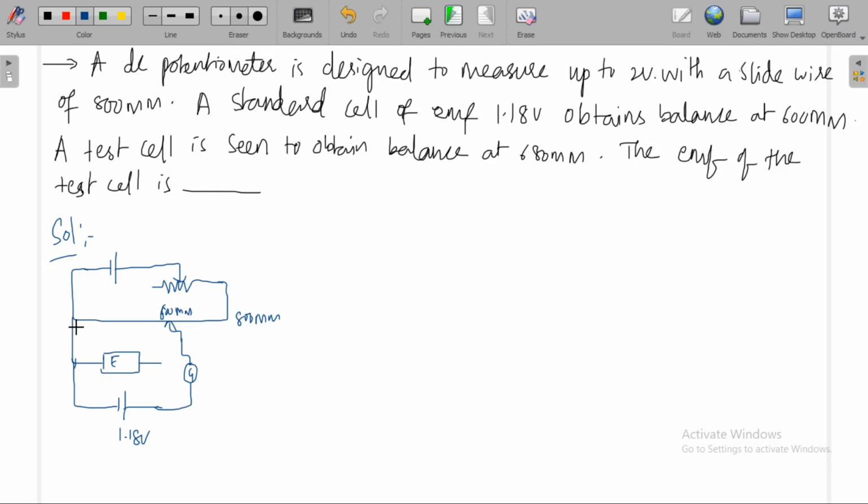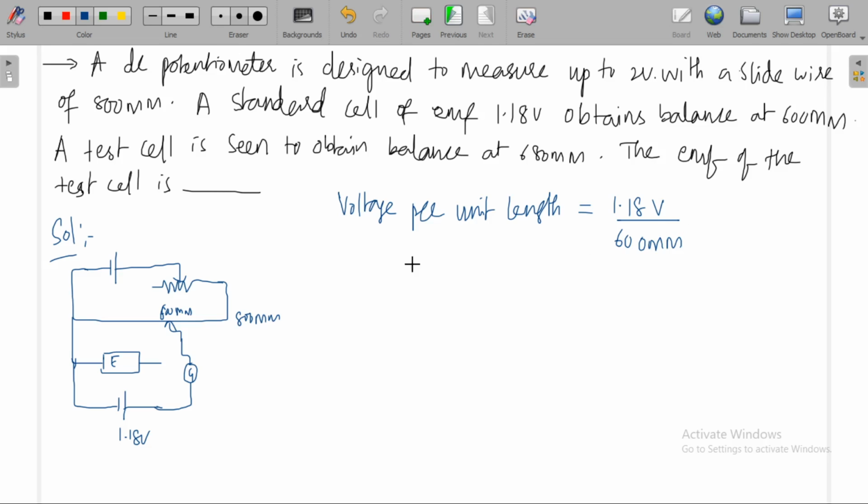Now let us find the voltage per unit length, which is equal to 1.18 volts by 600 mm.